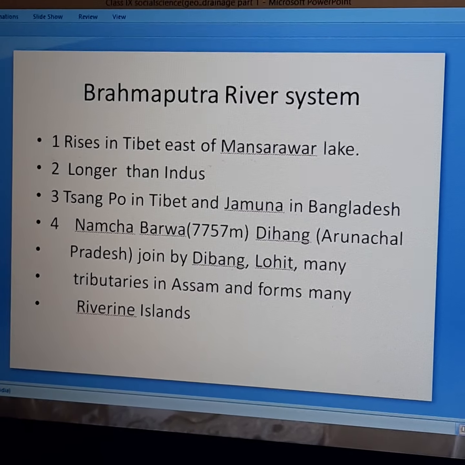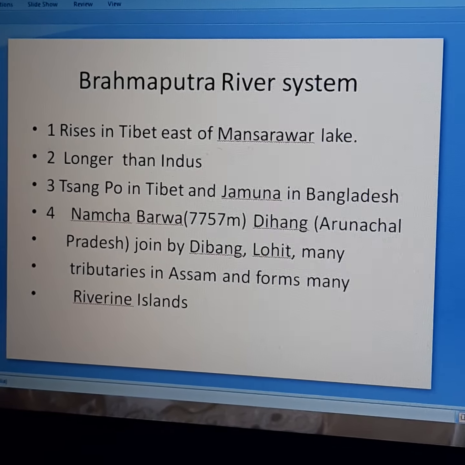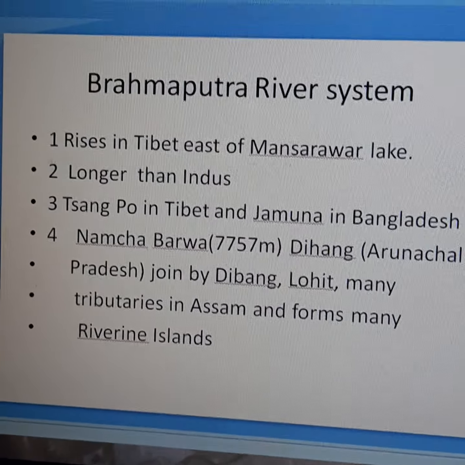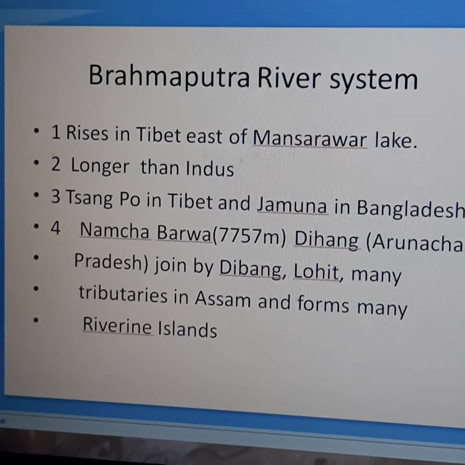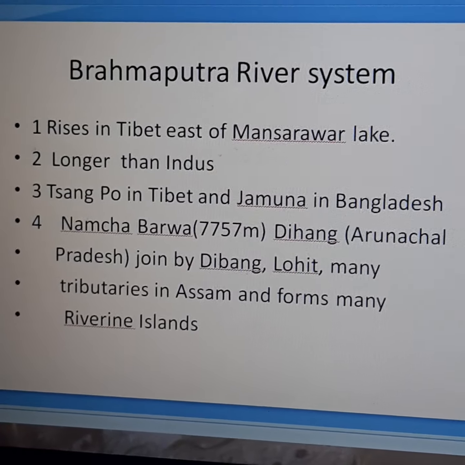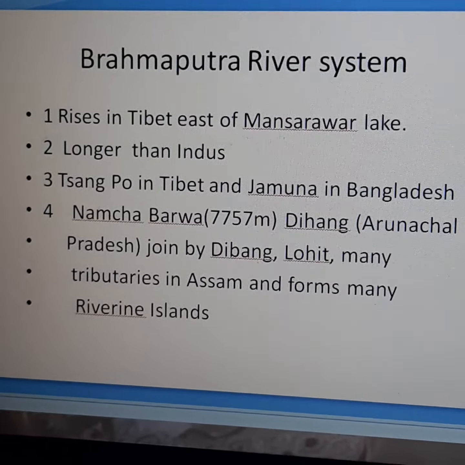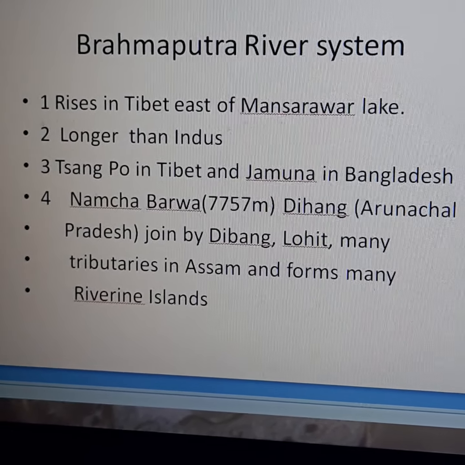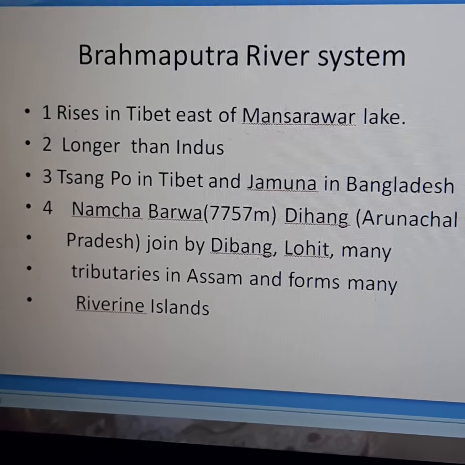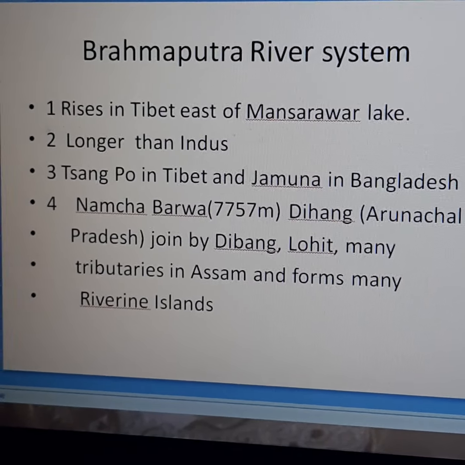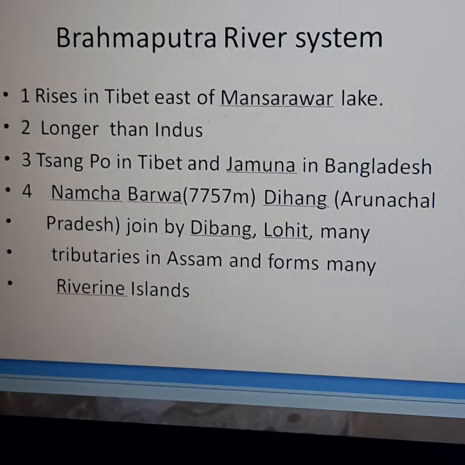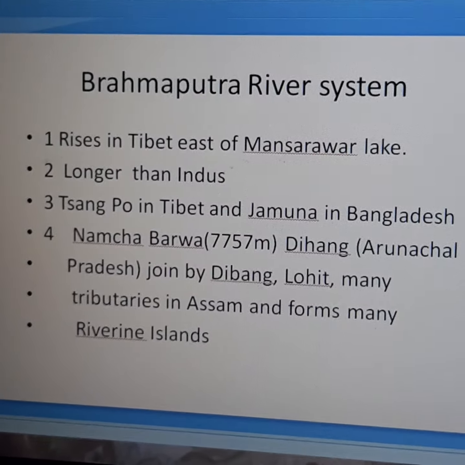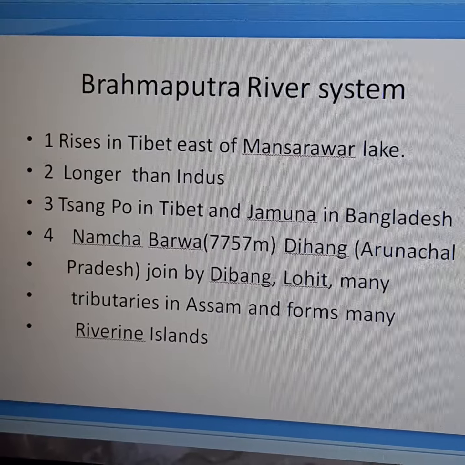Now, do you know, every rainy season the river Brahmaputra overflows its banks, causing widespread devastation due to floods in Assam and Bangladesh. Here is an important point I forgot to tell you all: the river Brahmaputra is called Tsangpo in Tibet, Dihang in Arunachal Pradesh, and in Bangladesh it is called Jamuna.